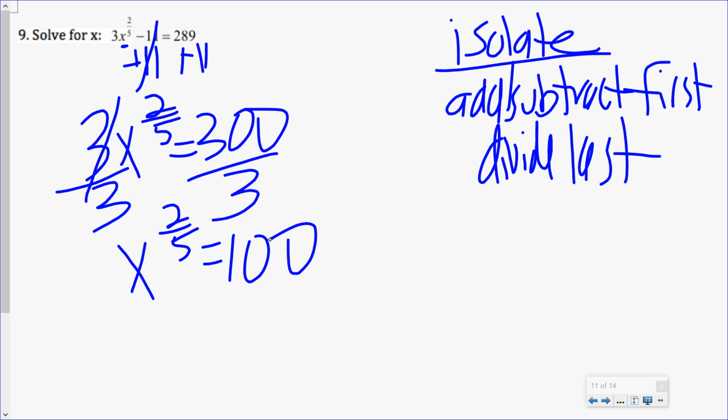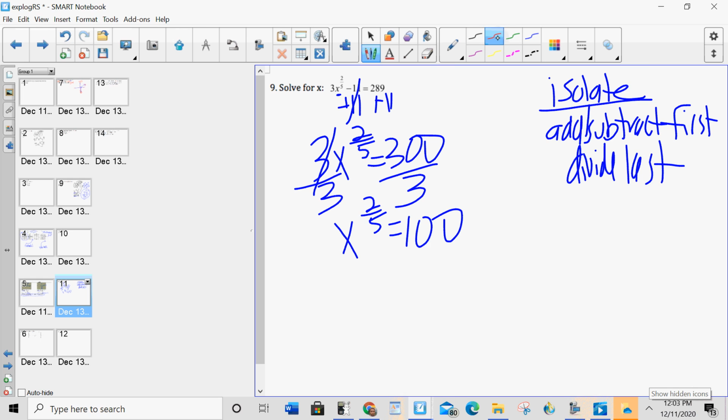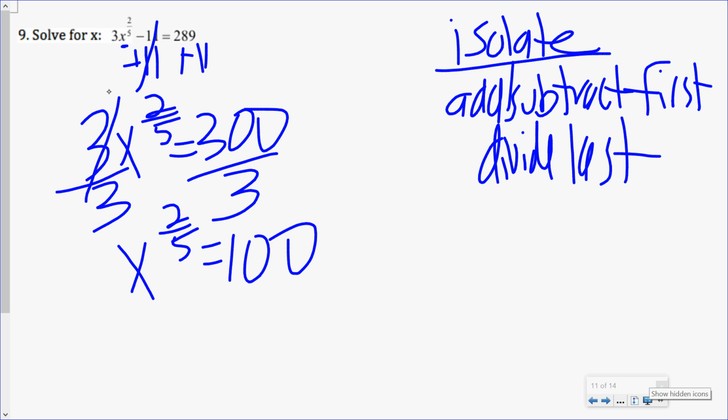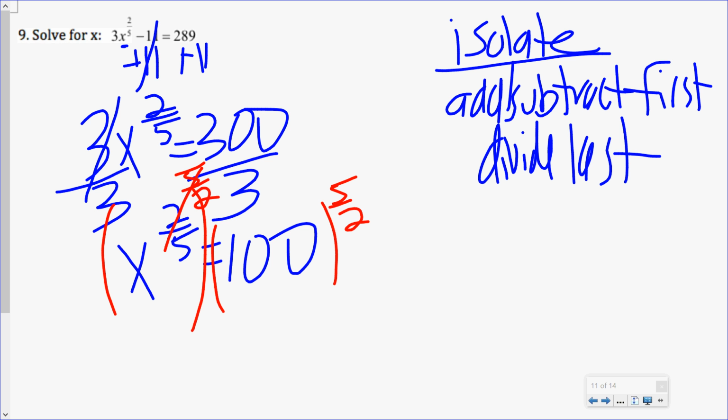Now, because this is a constant exponential equation, there's a number in the exponent, there's no variable. To get rid of the constant exponent, I raise both sides to the reciprocal power. Reciprocal means flip.